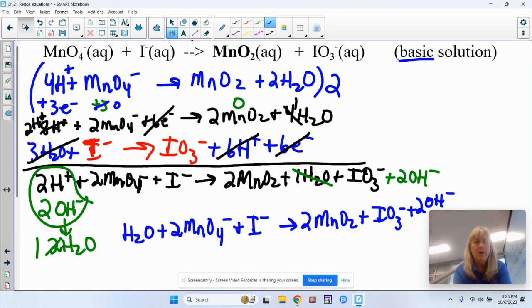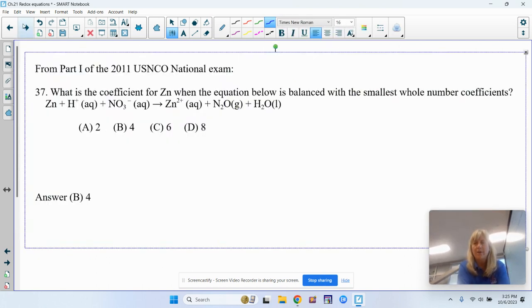And so there are a few questions from past Olympiads that you can try, and then I gave you the answer. So for the one, what's the coefficient for zinc when it's balanced with the smallest whole number coefficients? So you have that reaction there. You have to go through those steps. You would separate into the 2 half reactions.